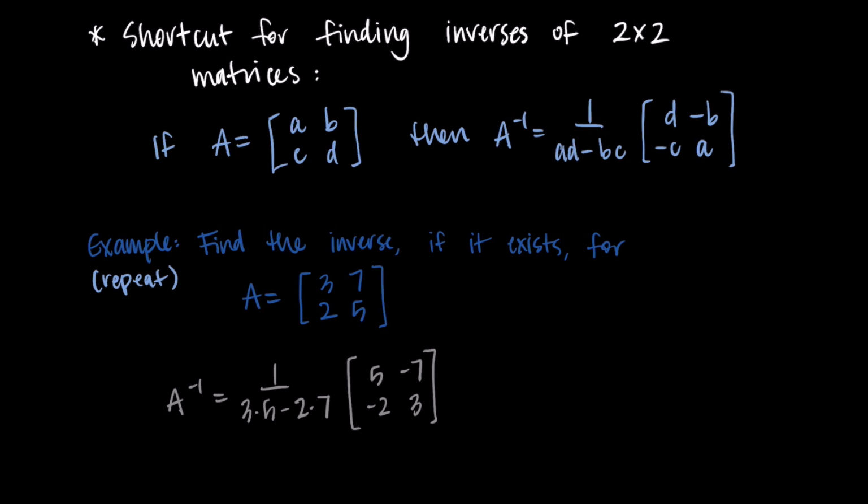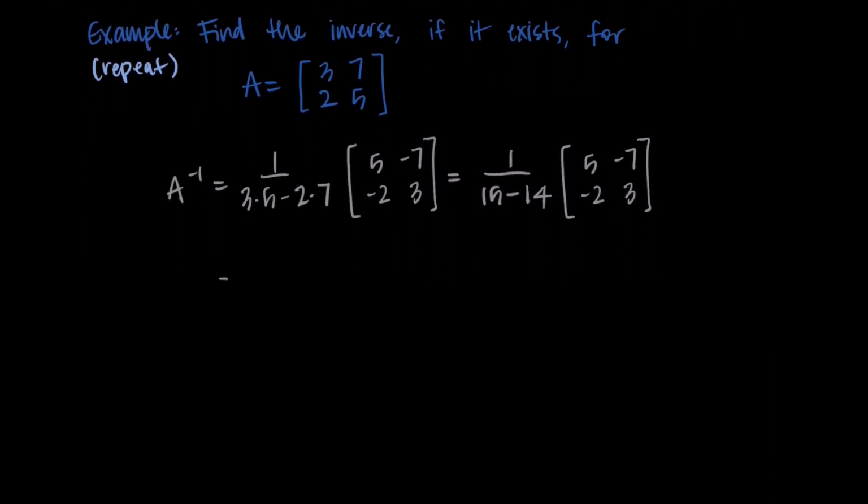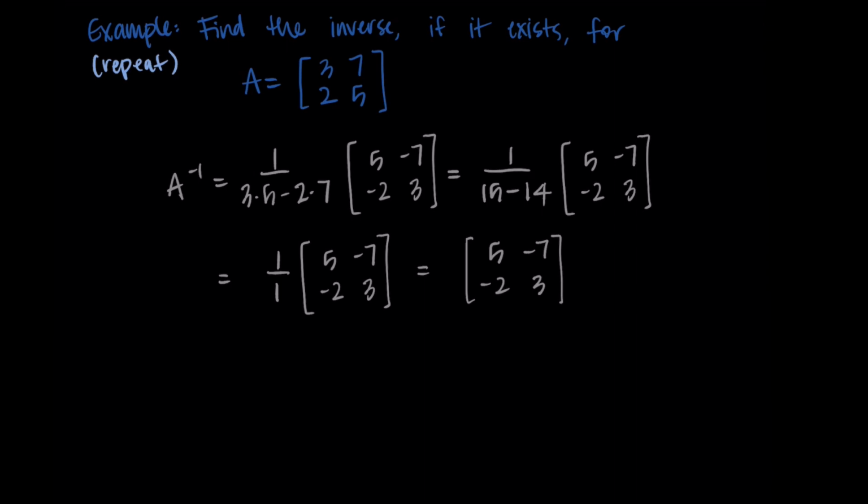Now I just need to simplify. So on the outside, I'm getting 1 over 15 minus 14. That's 1 over 1, which is just 1. So we're left with 1 times this matrix, 5, negative 2 in the first column, and negative 7, 3 in the second column, and you'll see that this is exactly the matrix that we got with the row reduction method.